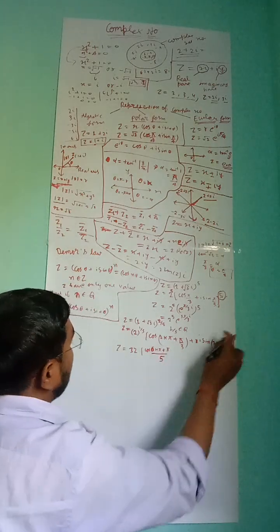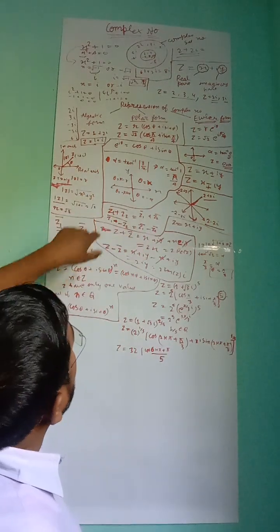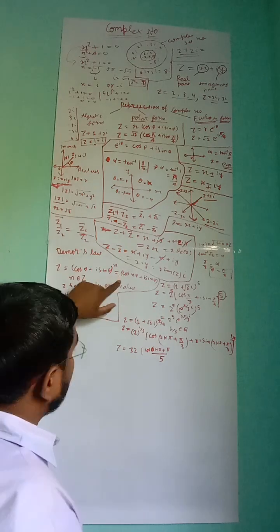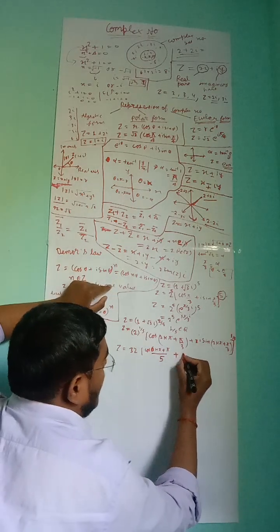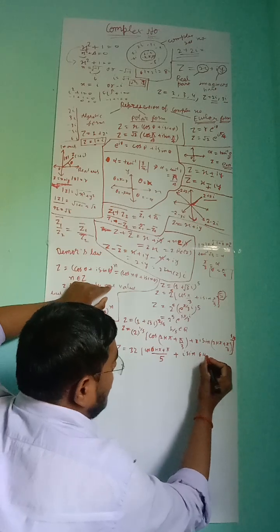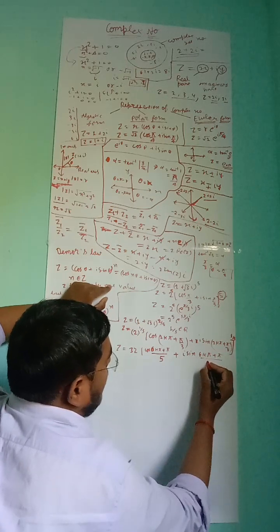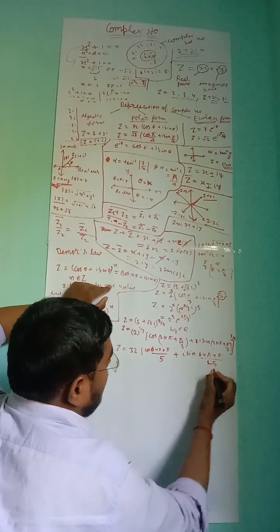Because we multiply now by De Moivre's law, as I have told, I sin (2k pi plus pi) by 15.